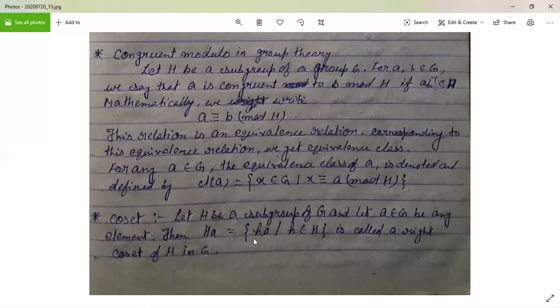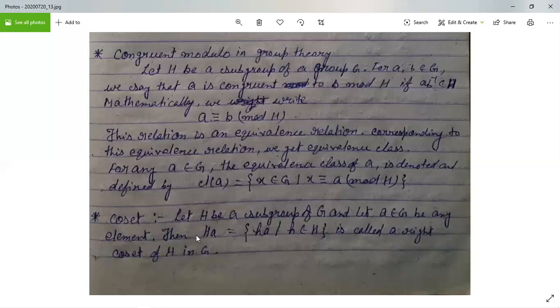Now, next I will define a new term known as coset. Let H be a subgroup of G, and let A belonging to G be any element.